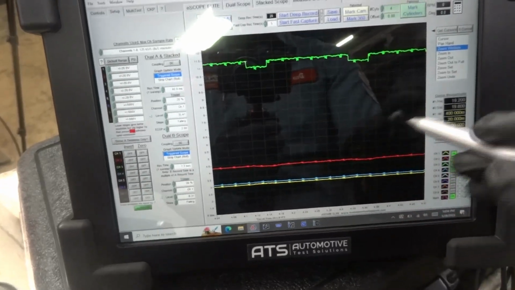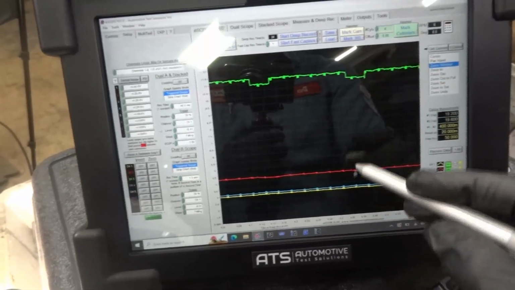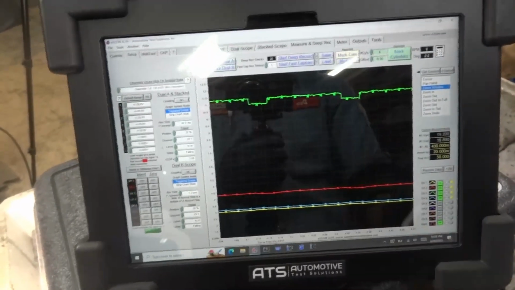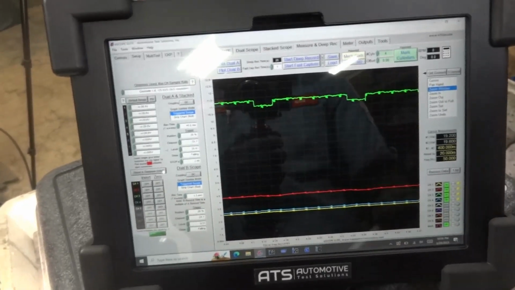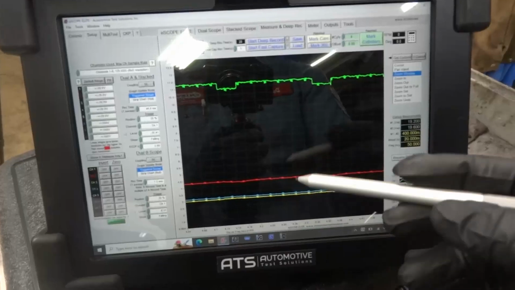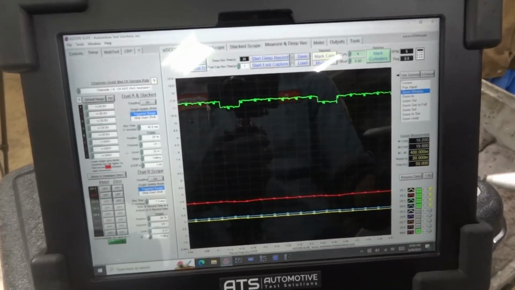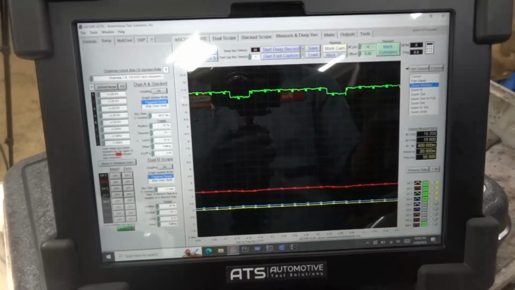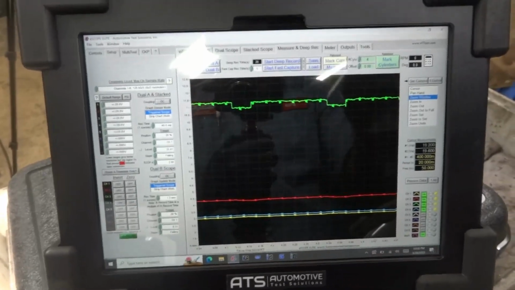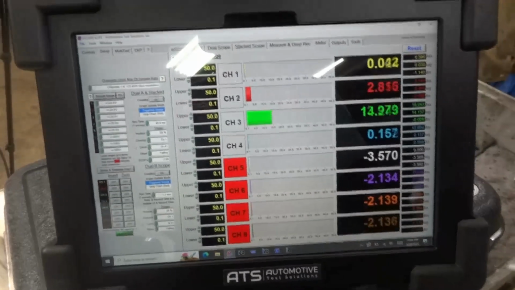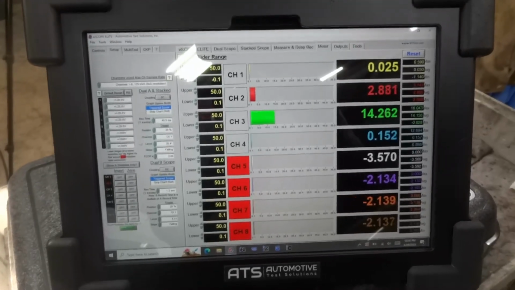Okay, so we definitely have some activity over here, and we have some voltages on these traces, and these wires are coming from the engine computer. Okay, so any voltage on these wires means that there's good circuit integrity from the computer to the sensor. Okay, so I'm gonna turn off the engine so we can replace this sensor. So this sensor is bad. Okay, the wiring is good. So now let's turn off the engine.